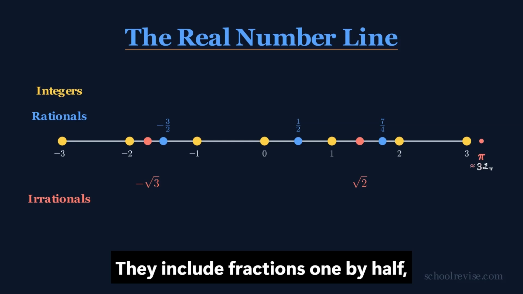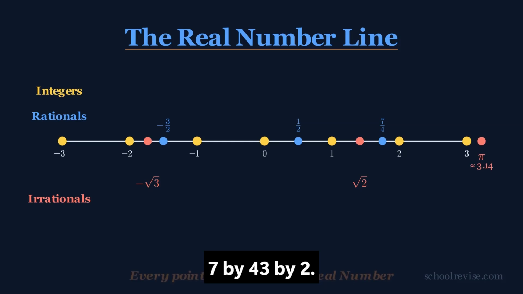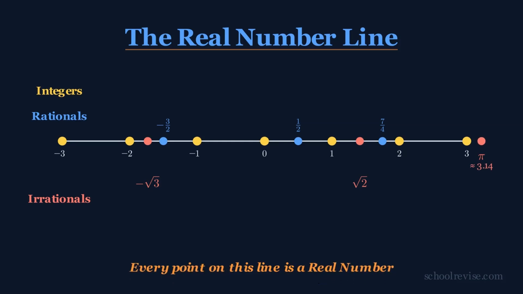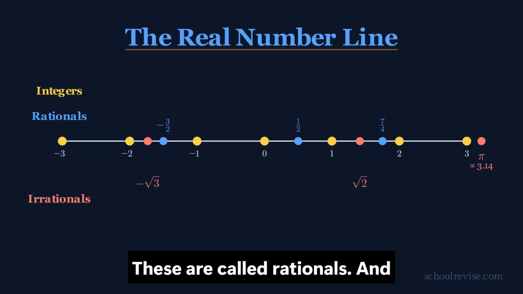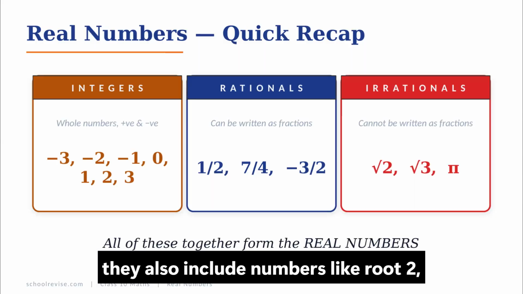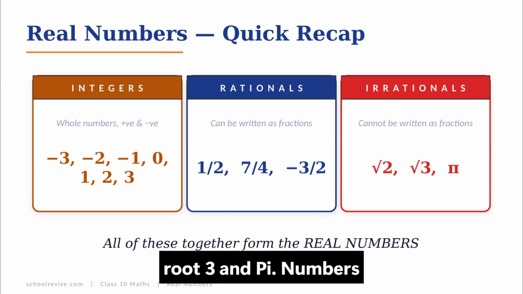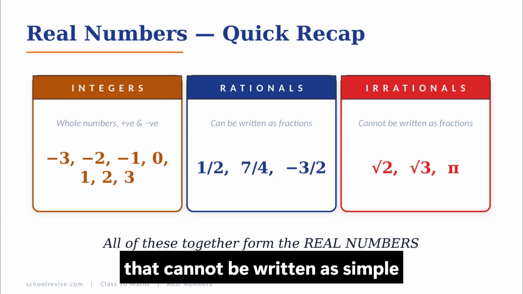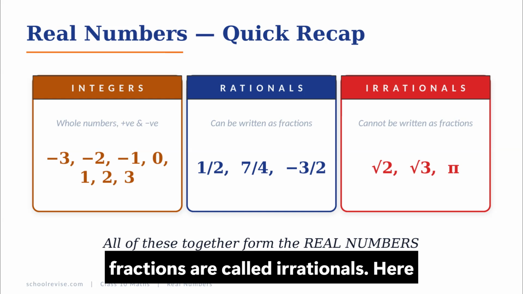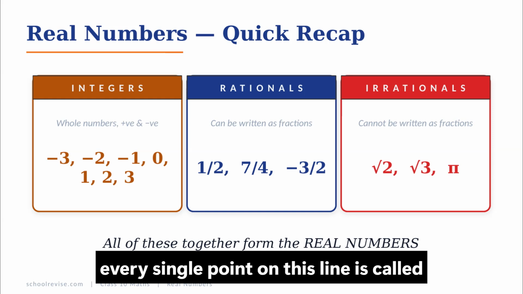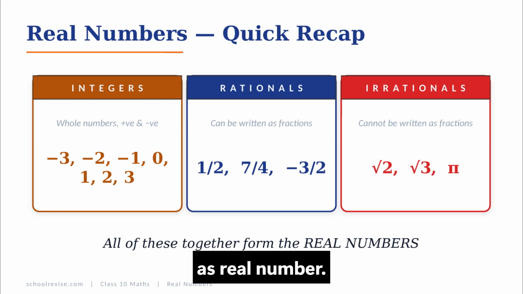They include fractions, 1 by 2, 7 by 4, -3 by 2. These are called rationals. And they also include numbers like root 2, -√3, and pi. Numbers that cannot be written as simple fractions are called irrationals. Here, every single point on this line is called a real number.